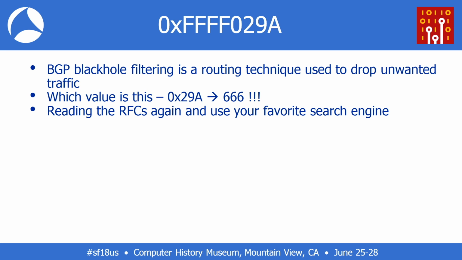Do you know, by the way, where it is also used? It's for BGP black holing, this guy. But I ask, which protocol, by the way, also uses 3 times 6?